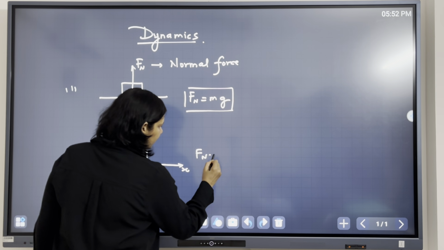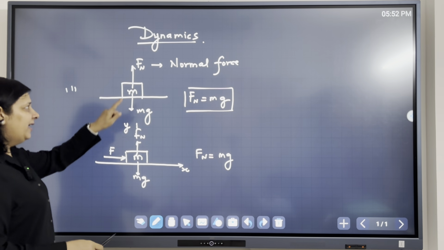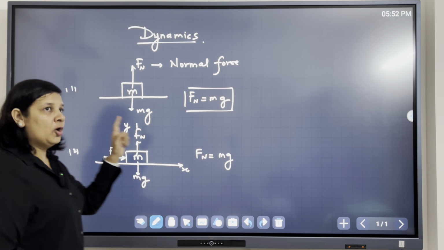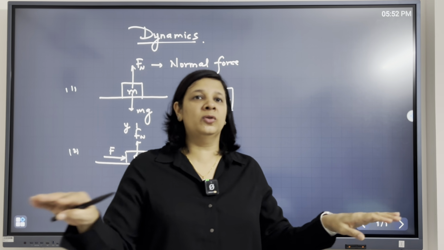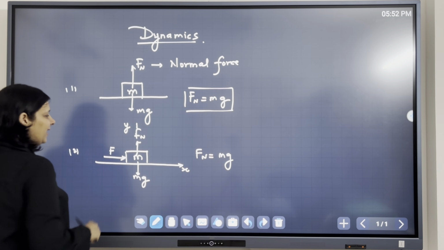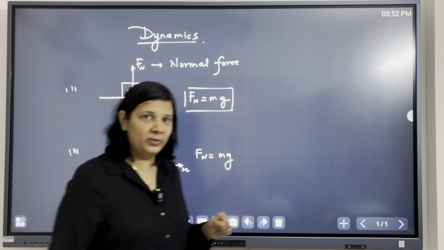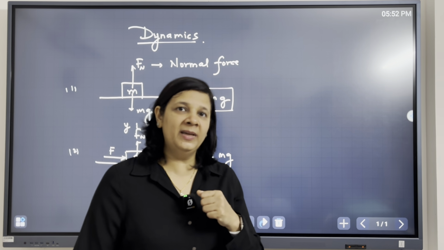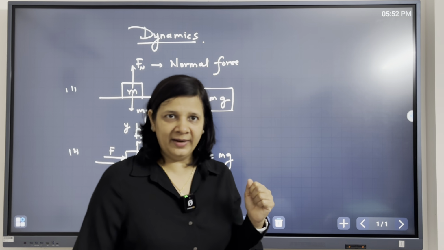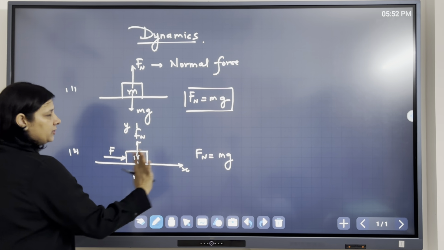In this case also mg, but what is the difference between the first and second case? In the first case, the object was at rest, there was no other horizontal force, but in the second case, there is a horizontal force, and if this force is greater than the frictional force, the object will move and there will be a net acceleration, right?